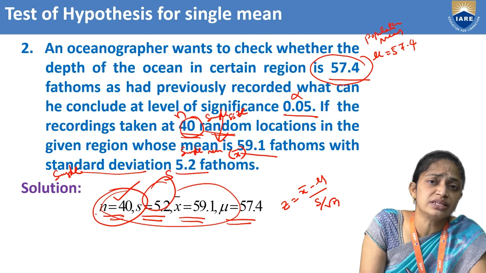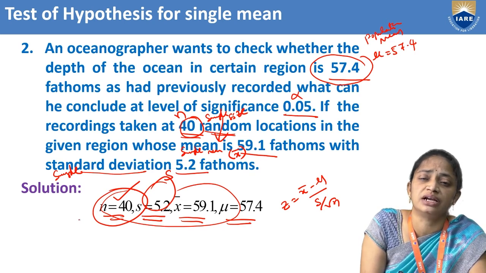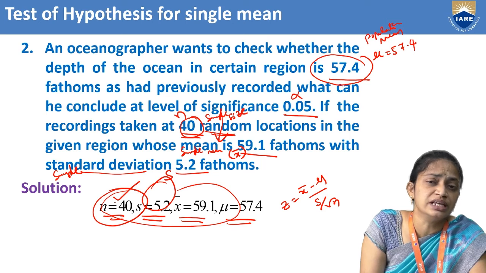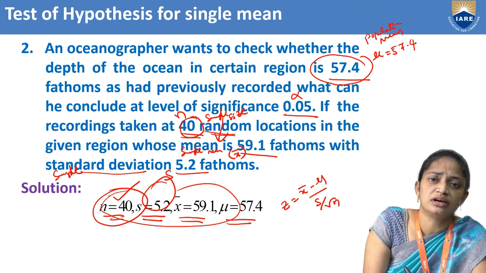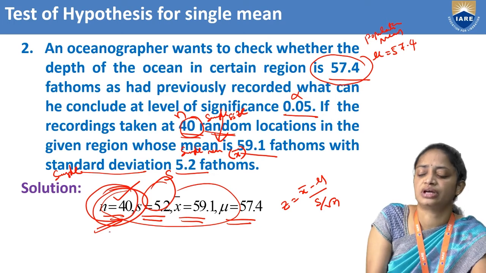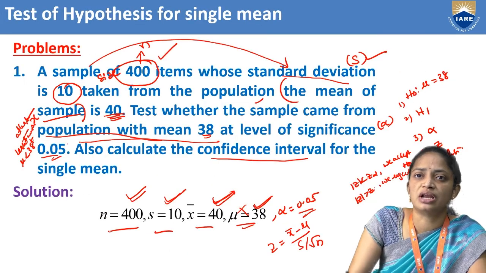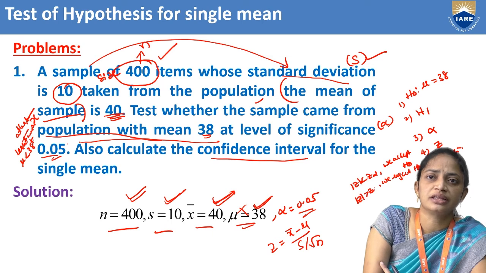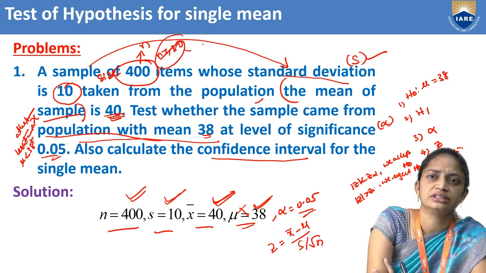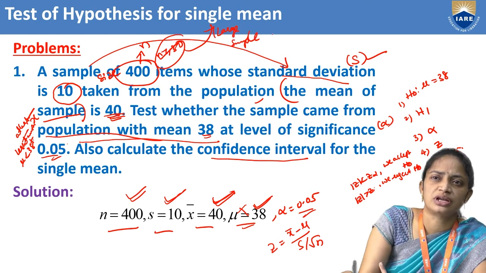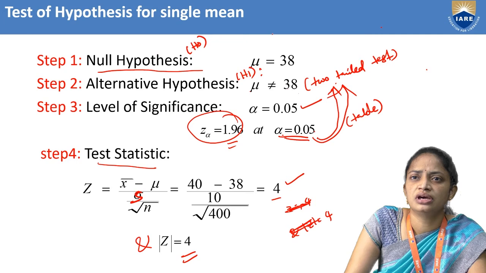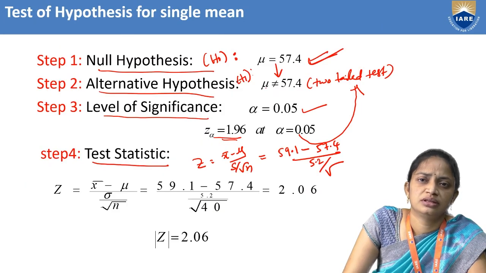Why do we say they are large samples? If n is greater than or equal to 30, we say it is a large sample. If n is less than 30, it is a small sample. Here n is greater than or equal to 30, and in the previous problem also n was greater than or equal to 30, so these are all large sample tests. So first you check the n value.